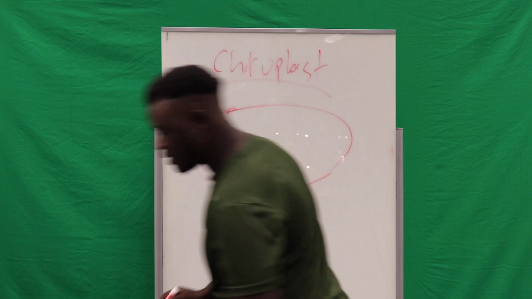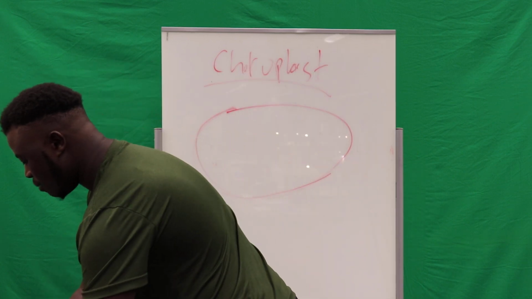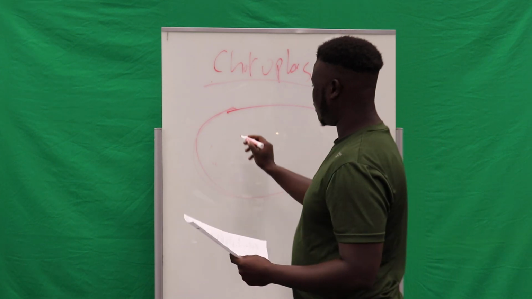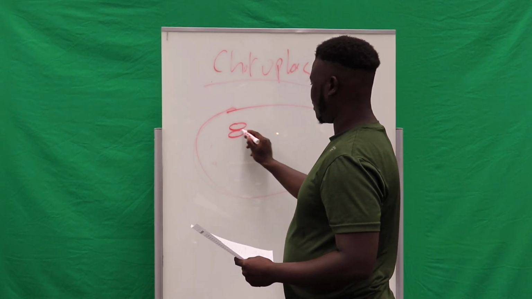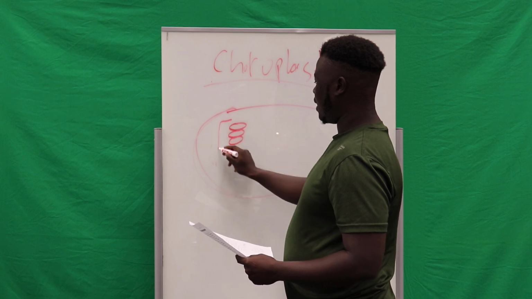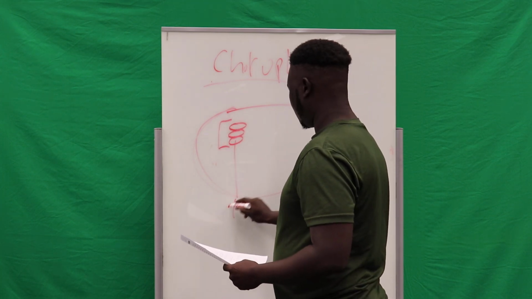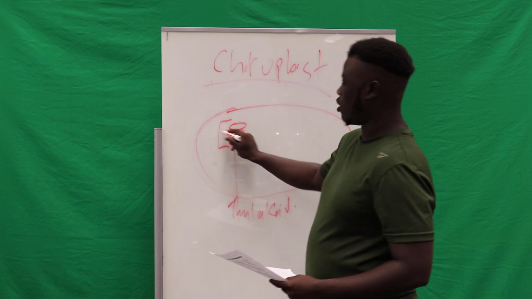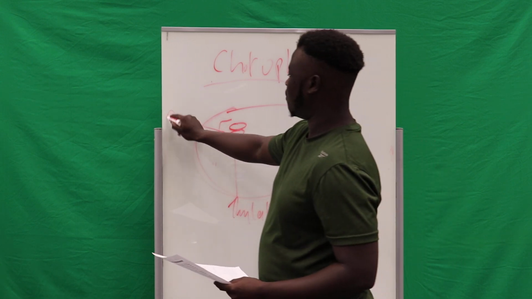So it's basically made up of thylakoids. Thylakoids look something like this, and they're combined. These are the thylakoids. And a combination of thylakoids is called the granum.